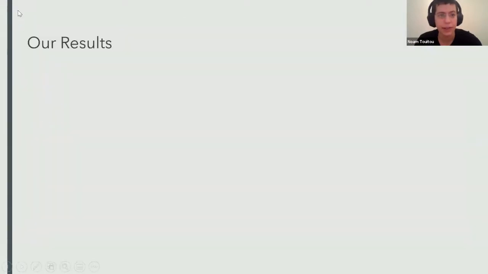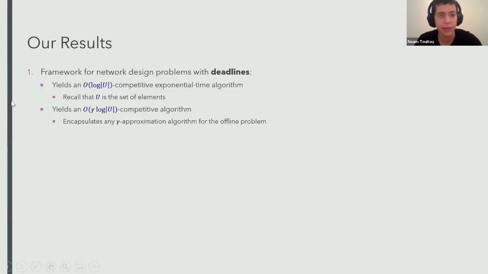In fact, our results can be stated as follows. The first result is the framework for network design with deadlines, which, given exponential time, yields a log of the number of elements competitive algorithm. But if we replace this exponential time with a polynomial time gamma approximation for the offline problem, then we can encapsulate it and get a gamma log the number of elements competitive algorithm for network design with deadlines in the online setting, of course.